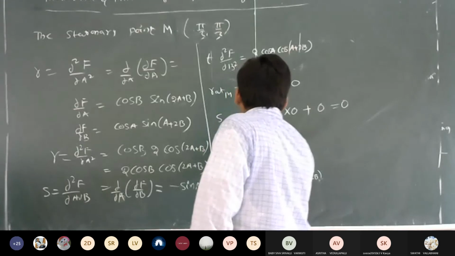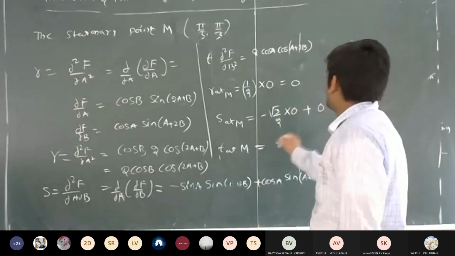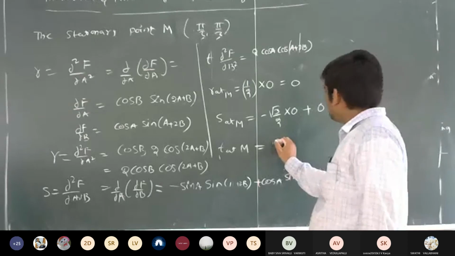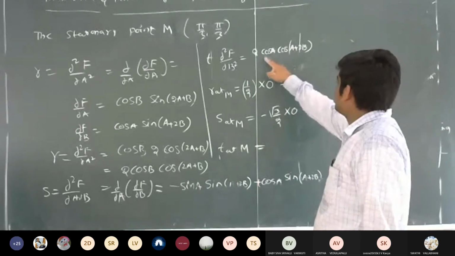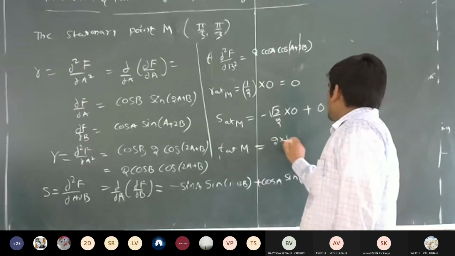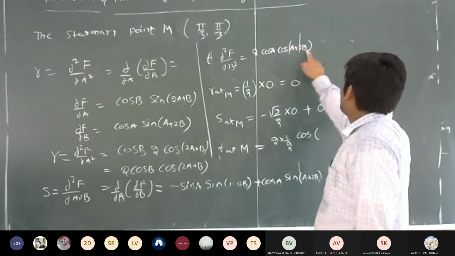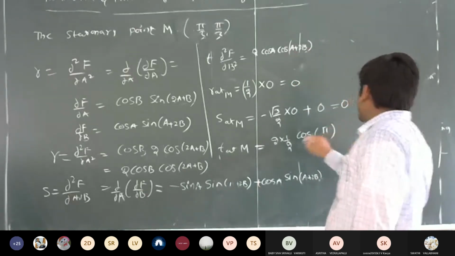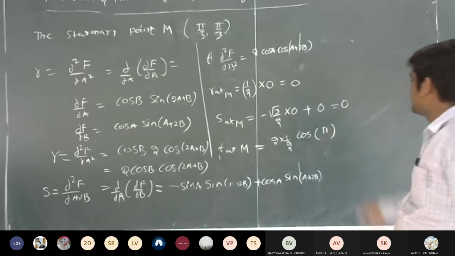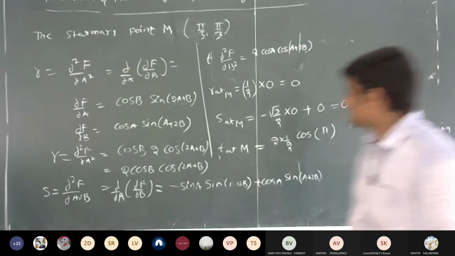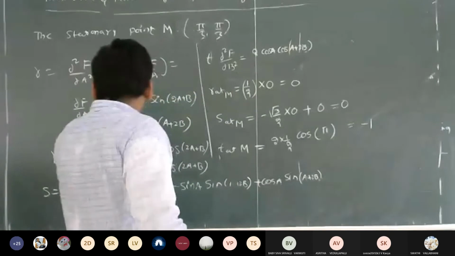Next, T at m. So calculate this value: 2 into cos a, so 2 into 1 by 2, into cos of a plus 2b, that is pi. Cos pi is minus 1. So this is minus 1. Now calculate the value of R one more time.